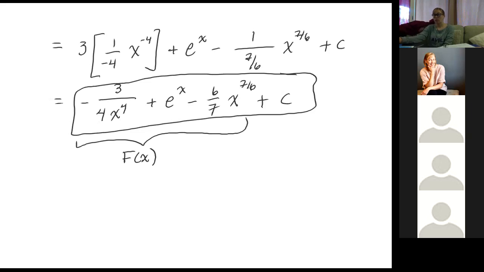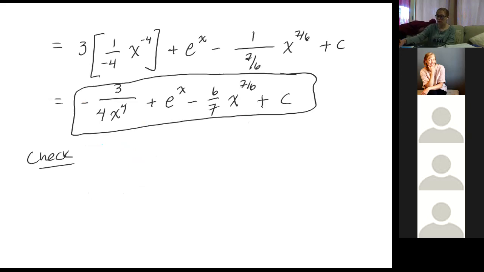And we had a property of that when we started this that said that F prime of x should be equal to little f of x, that function that I began with. So if I want to check myself, I can take the derivative of this function. So let's do that. I can check this.